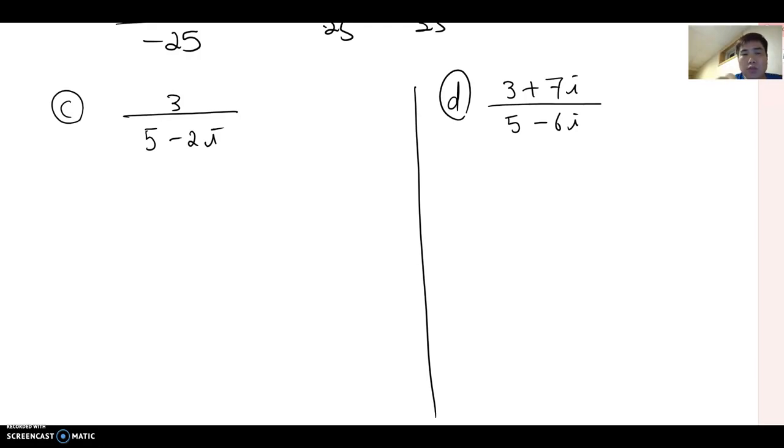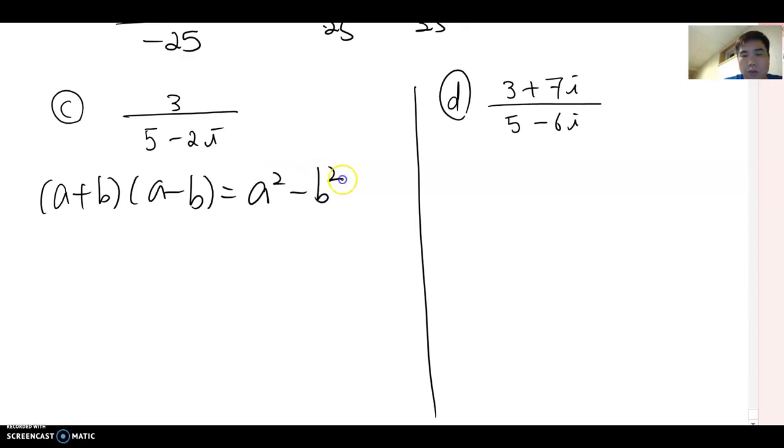You multiply by the conjugate, and we know the property a plus b times a minus b equals a squared minus b squared, so the imaginary term will be eliminated. We checked it in the previous example, right?